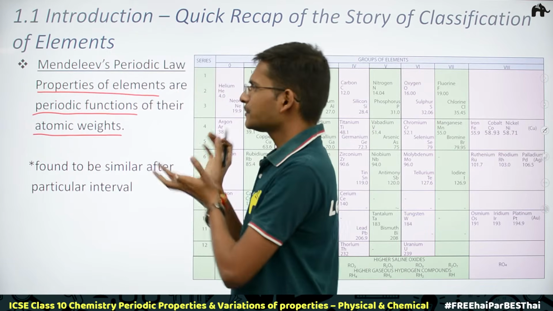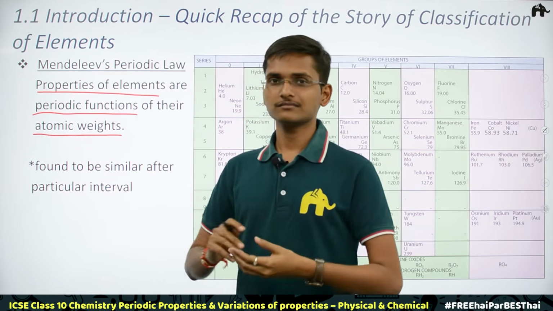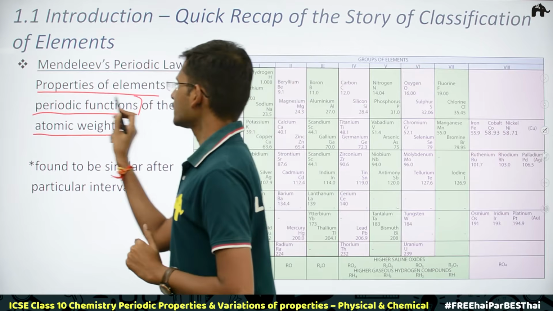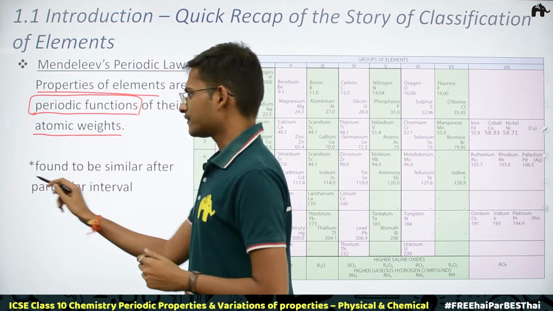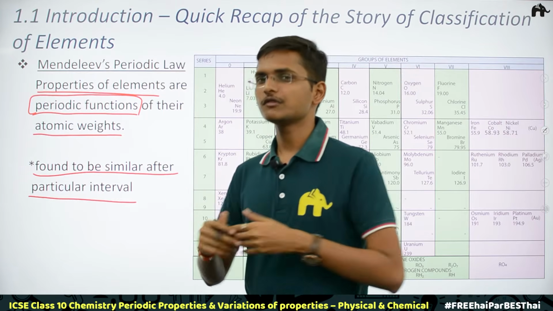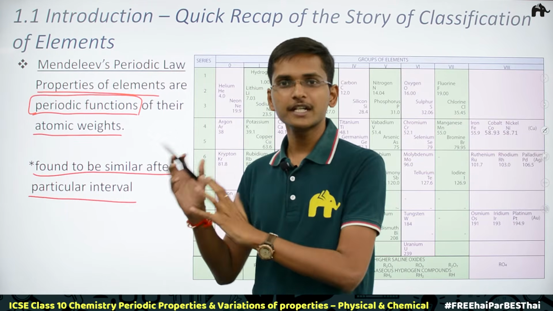Now, this statement actually seems very confusing, so let's make it very simple to understand. I would just replace this term, periodic function, by this entire phrase. Now let's read it again so that we easily understand what Mendeleev wants to tell us.